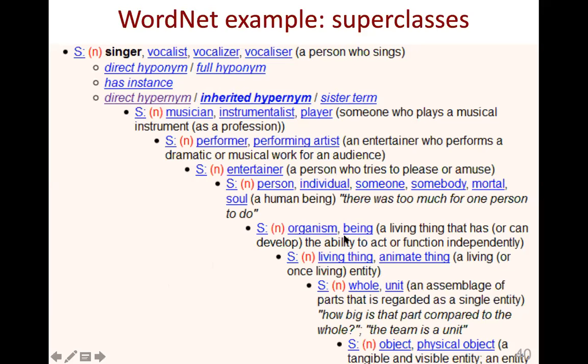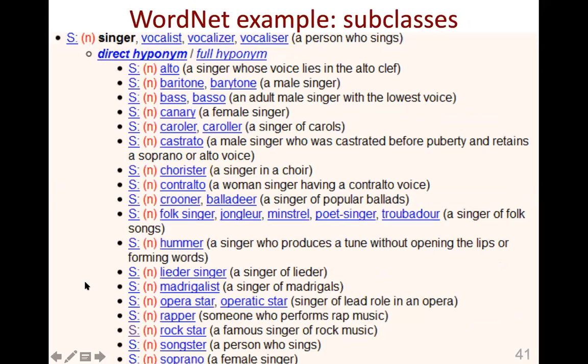Machine learning models can represent data much better. This is also about subclasses, right? So we have vocalist, vocalizer, and then we can see the different classes of vocalists. You can have alto, baritone, bass, choral, and many other types of subclasses, so this is already very specific to a particular area.